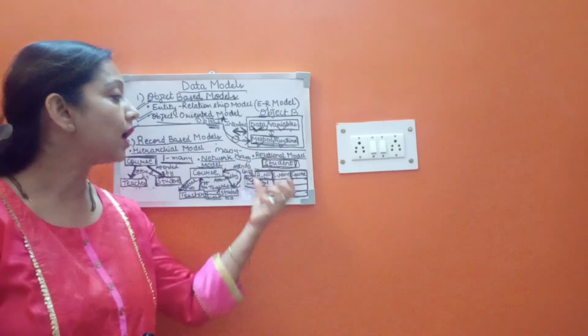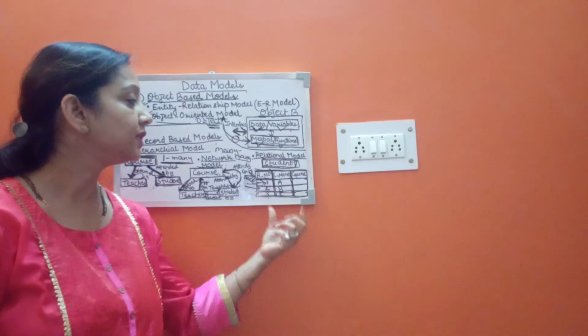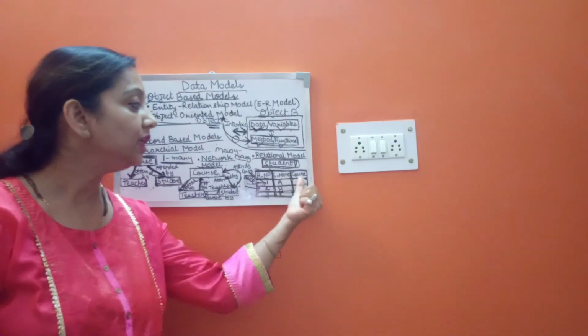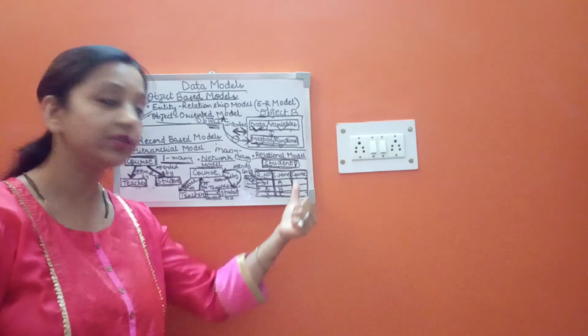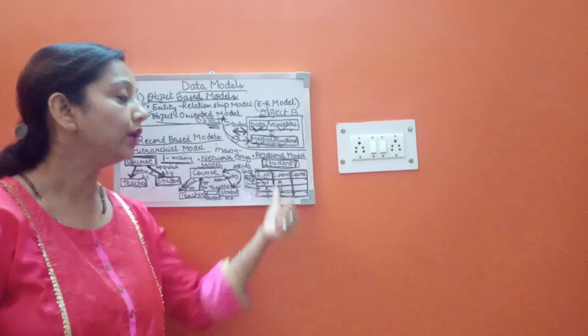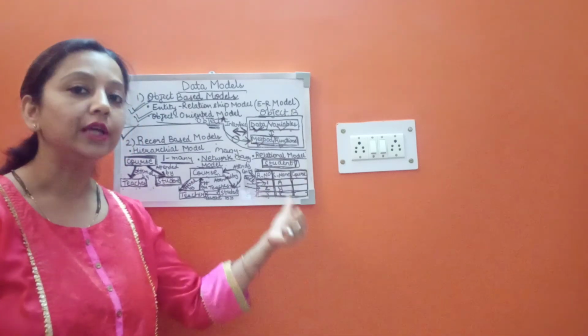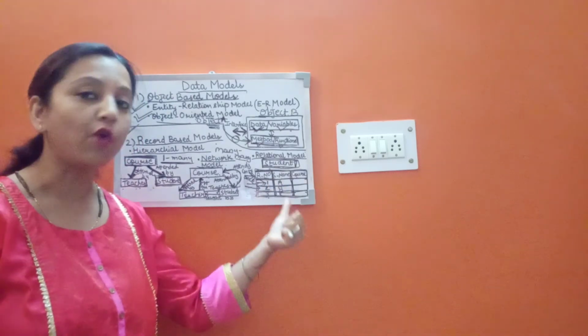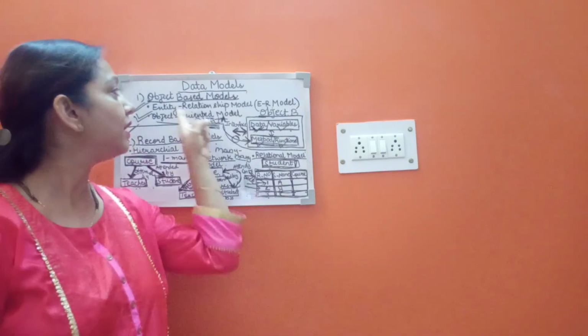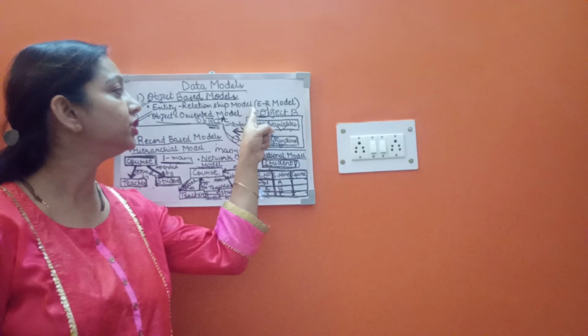So this is how the records are represented in a relational model, and the association among the records, or the association among the relations, is represented using foreign keys and primary keys, which we will discuss when we discuss the entity relationship model.